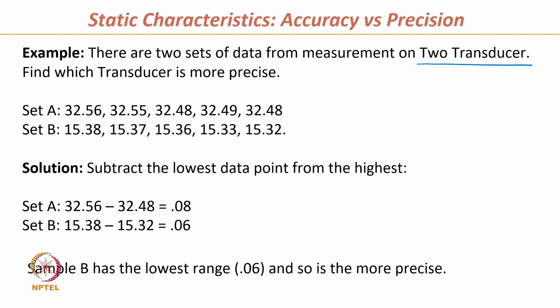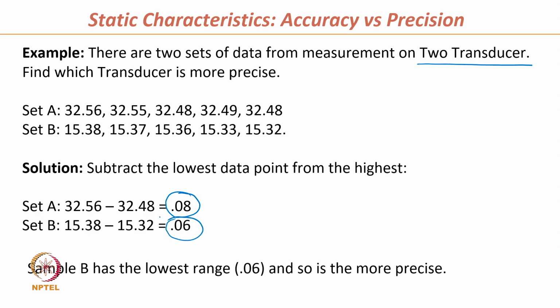So, we subtract the lowest data point from the highest one. For set A we have 32.56 minus 32.48, which is 0.08, and for set B we have 15.38 minus 15.32, which is 0.6.